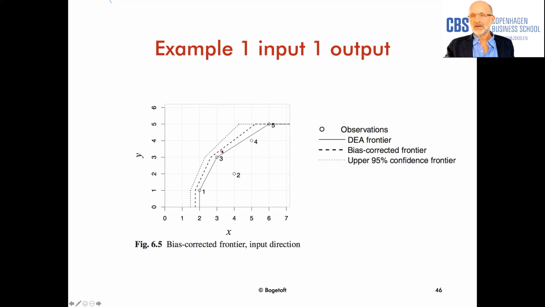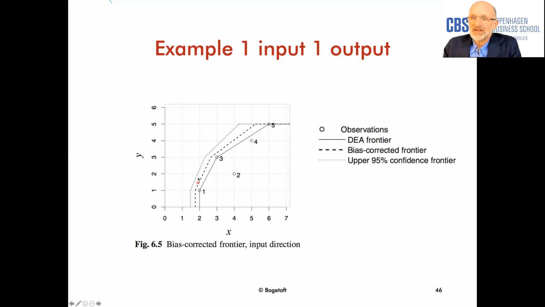If I now also realize that I actually have a confidence interval for these biases, I can take the endpoint of that confidence interval, and that means that I can get a confidence interval around this bias corrected technology here. It can be like here, or there will also be another one on the inside here.